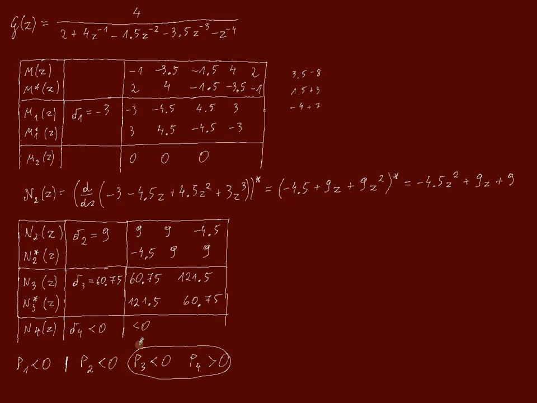Each such pair represents one pole inside and one pole outside the unit circle, and poles without a pair are poles on the unit circle.